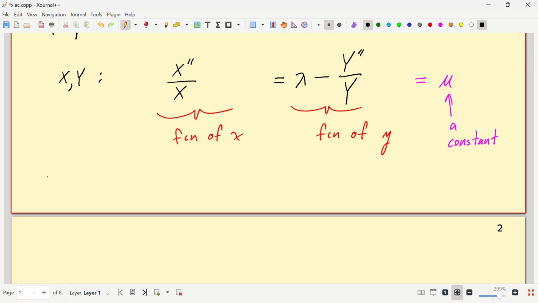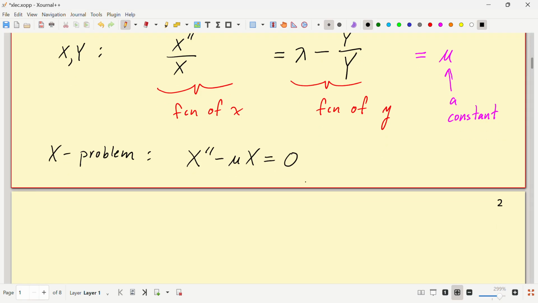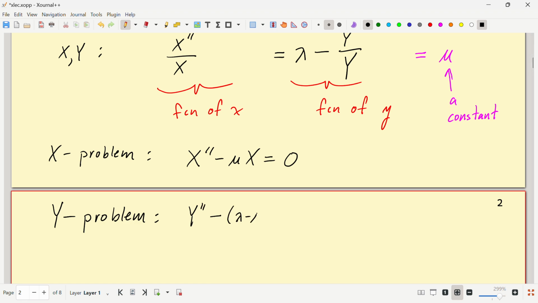The x problem is going to be x double prime minus mu x equals 0, and my y problem is similar but different looking, different constants. So my y problem is going to be, I'll put that on the other side, y double prime minus (lambda minus mu) y equals 0.